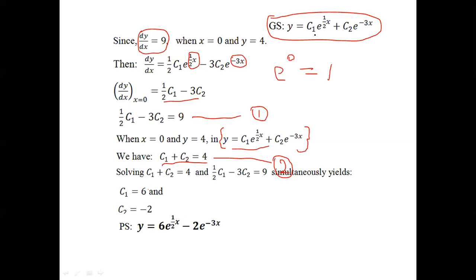So we now know what c1 is and we know what c2 is. So we'll simply put them in the general solution, and this becomes our particular solution. And the question is done. Very simple, very, very simple. Just following step by step.